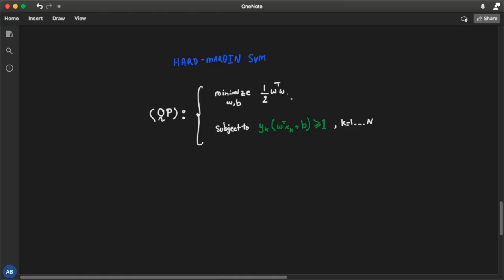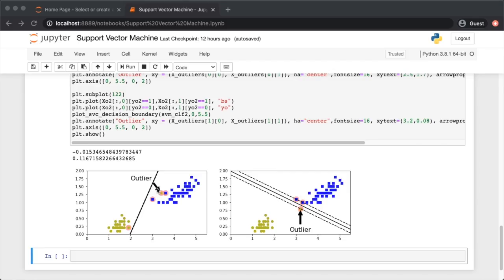That will make this problem softer. And what I mean by softer is that I'm allowed, so if we go back here, I'm going to let this outlier, for a moment, I'm going to cover my eyes and allow this outlier to fall with the blue class, okay?